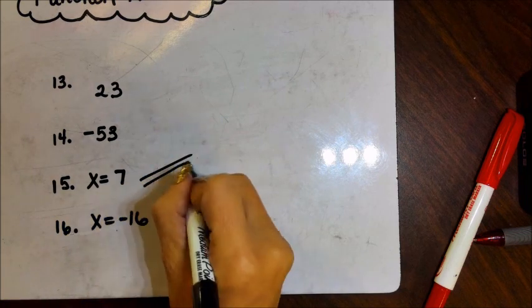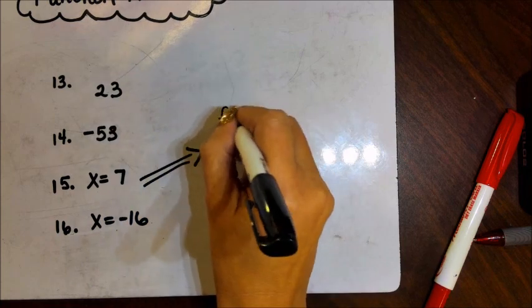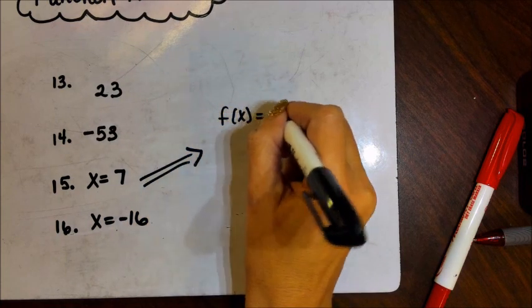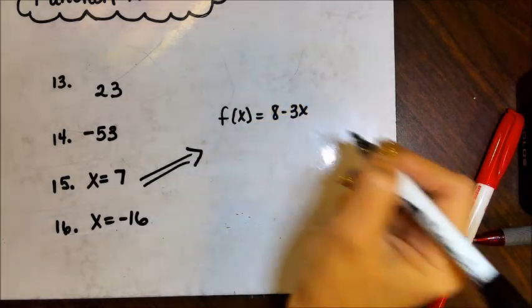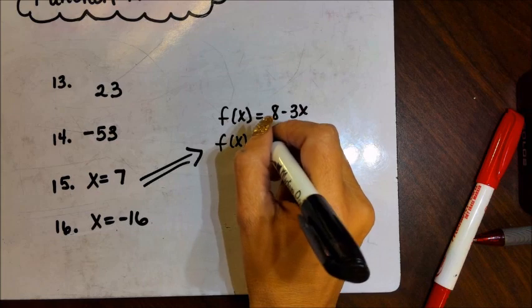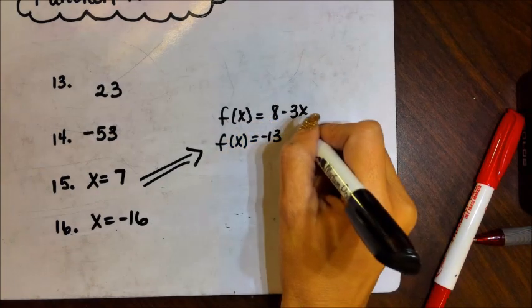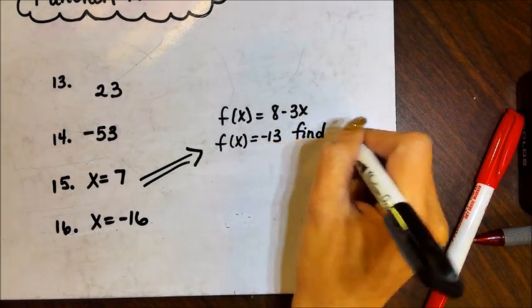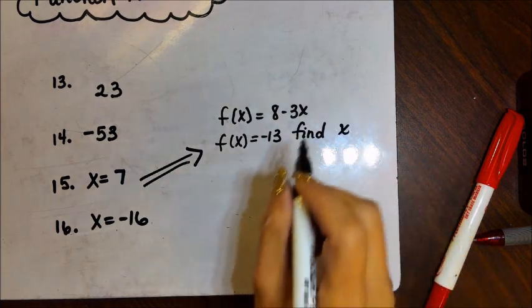On number 15, let me just kind of get you started on that one. You know that f of x equals 8 minus 3x. And then it tells you if f of x equals negative 13, find x. Think of it this way.